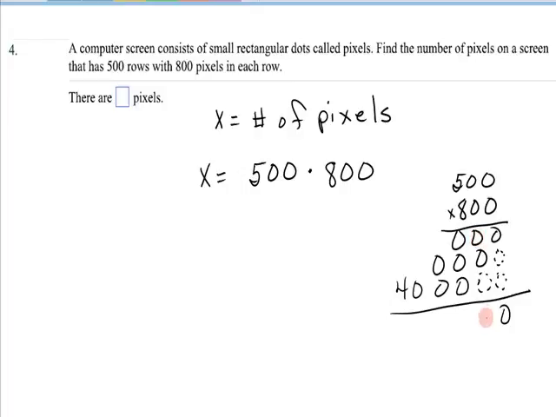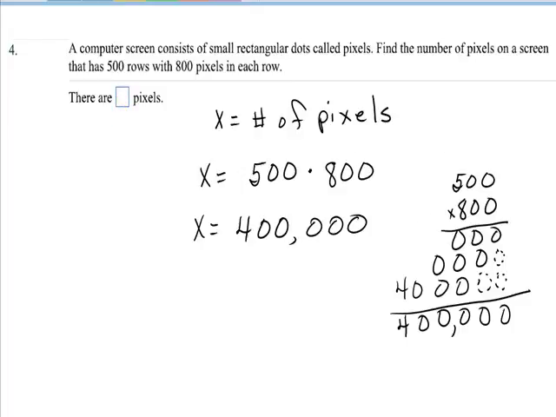I have 0, 0, 0, 0, 0, 4. Let's put the comma in there. And I have X is 400,000, naming that period. So in here you will type there are 400,000 pixels.